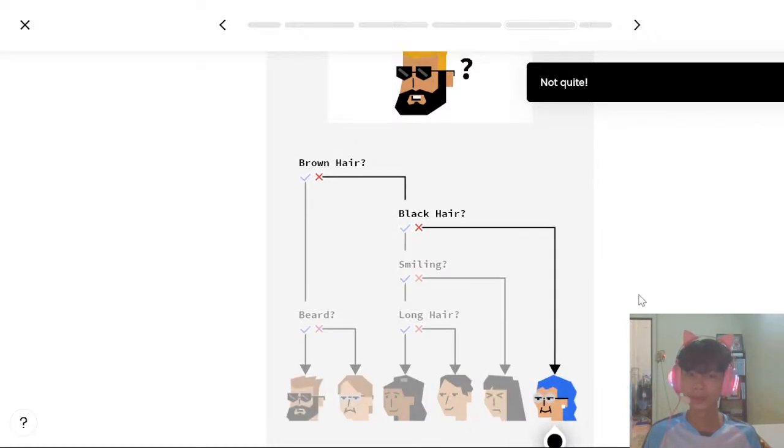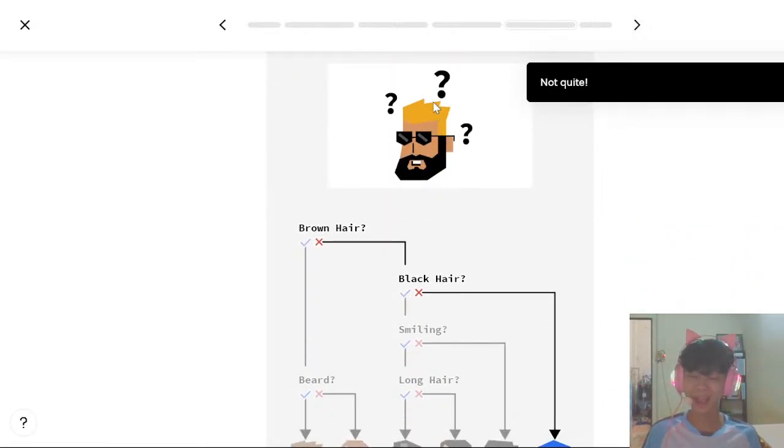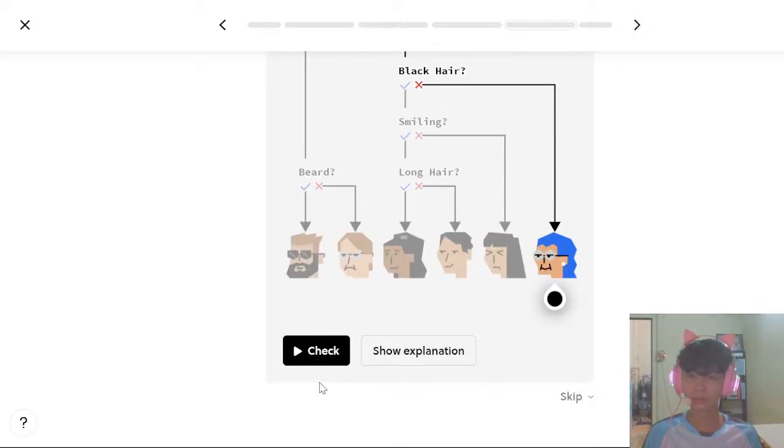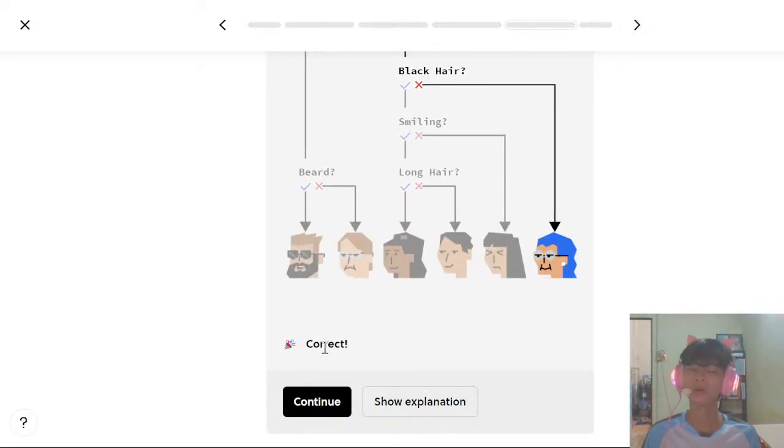I think he has like yellow hair. So the first statement is wrong, so we need to move to black hair. And yeah, he doesn't have black hair either. So the second statement is wrong too. So I think false, and go to blue. Sure. Easy, guys. Super easy.